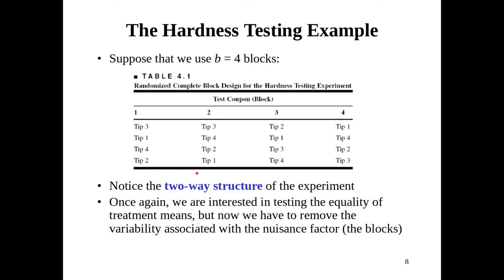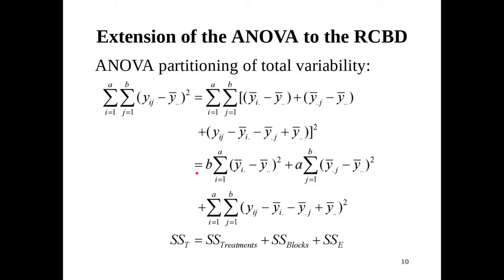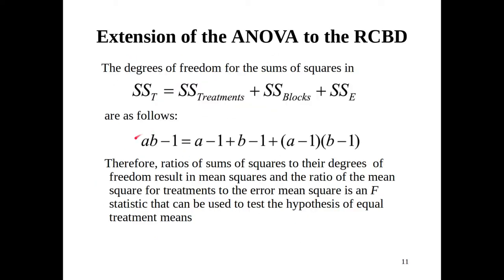So our total degrees of freedom would be 16 minus 1, 15. Sum square treatment, or the factor degrees of freedom: we have a factor levels, so degrees of freedom can be given by a minus 1.